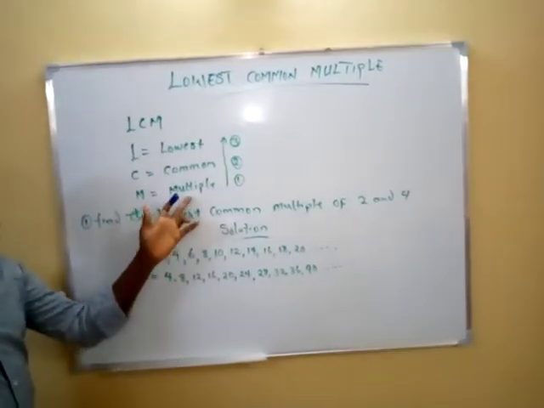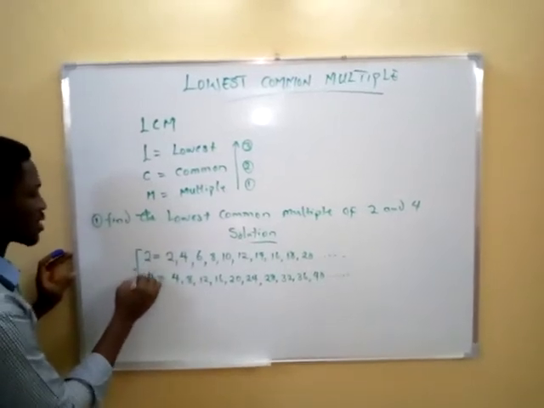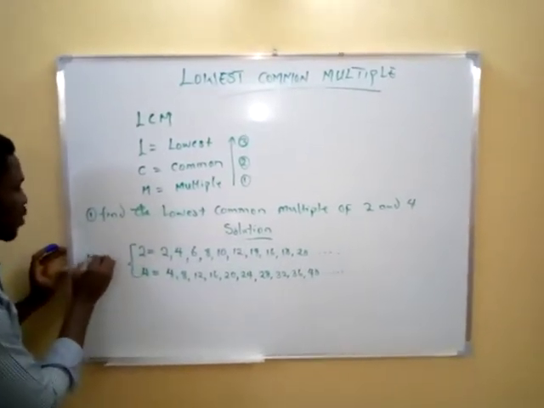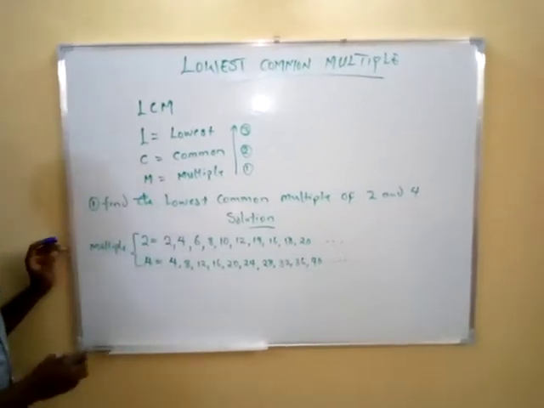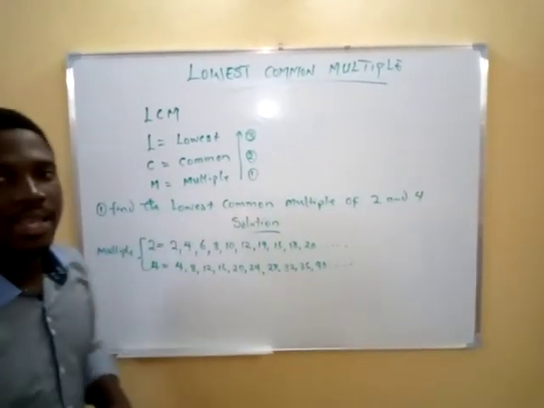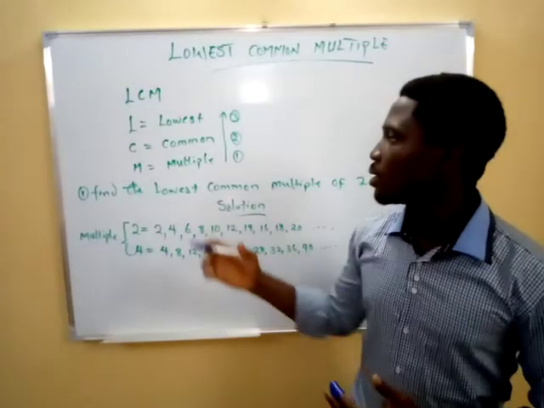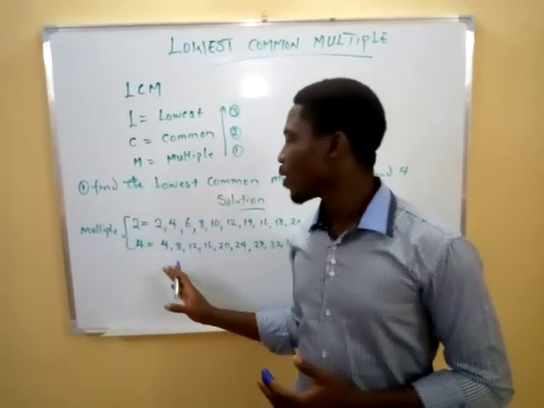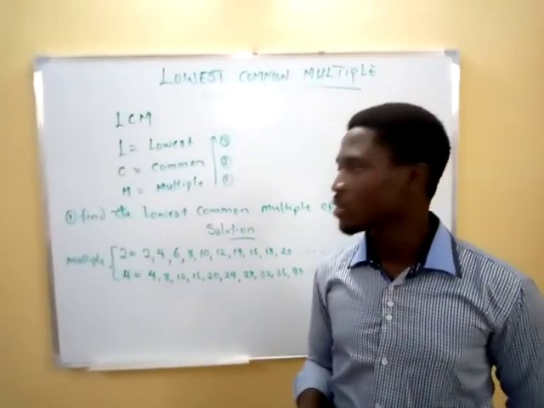So we've succeeded in finding the multiples of 4 and 2. The next step is to look for the common multiple of 4 and 2. What do we mean by common multiple?